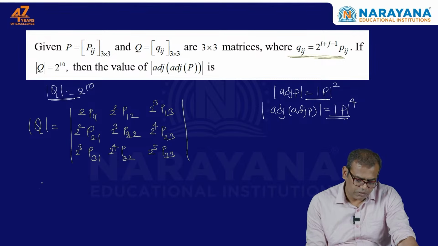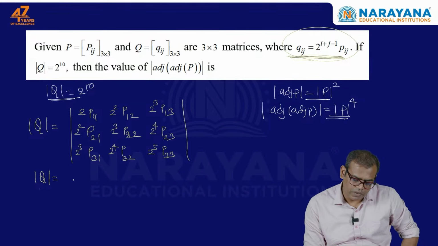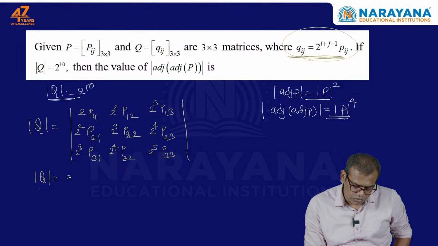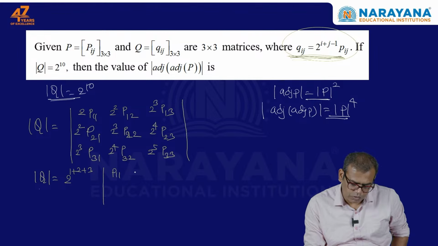So apply the property of determinants here. Determinant of Q, we are writing from this. So 2 will come common from the first row, 2 square common from the second row, and 2q will come common from the third row. So 2 to the power 1 plus 2 plus 3, and what remains? p11, 2 into p12, 2 square p13 in the first row.